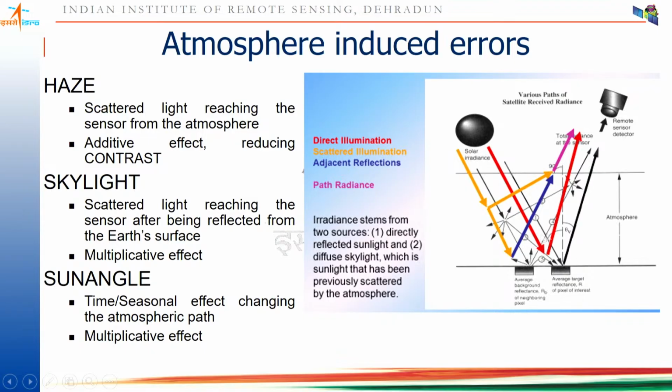So it is the reflected as well as scattered light which reaches the sensor's field of view that is called skylight, and it is a multiplicative effect. Sun angle is basically the seasonal effect of changing illumination conditions. This is also a multiplicative effect.